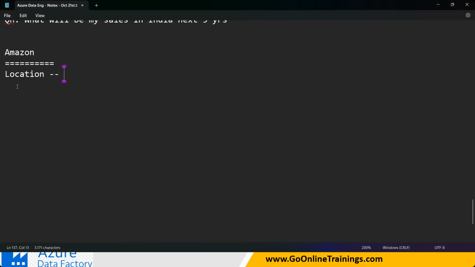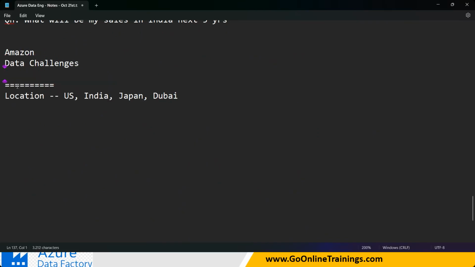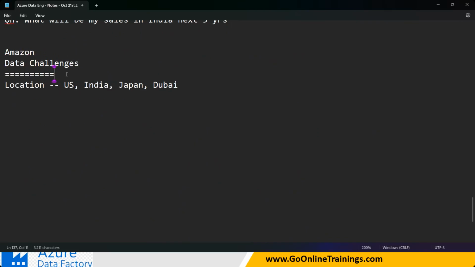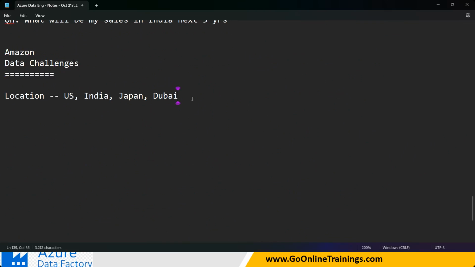Why? Amazon business is in the US, India, Japan, Dubai, everywhere. So Amazon has a lot of data, but the data has a lot of challenges. These are called data challenges. Data is not available in a single location because Amazon has business all over the world.